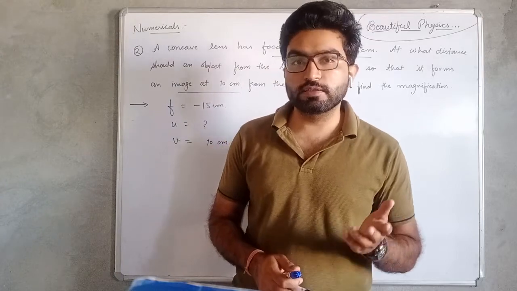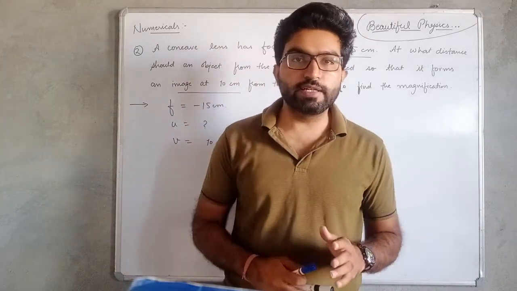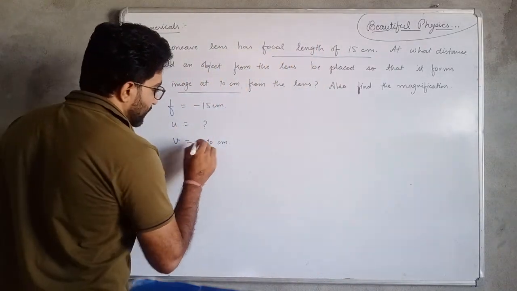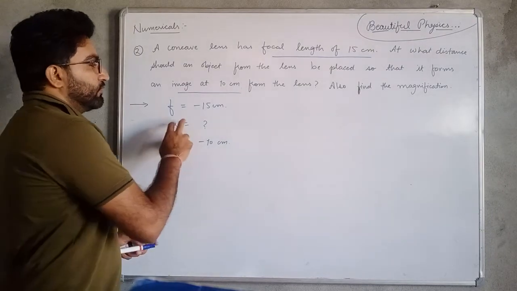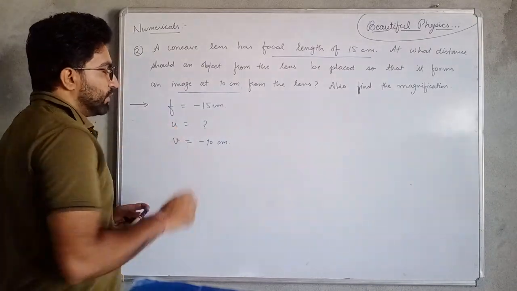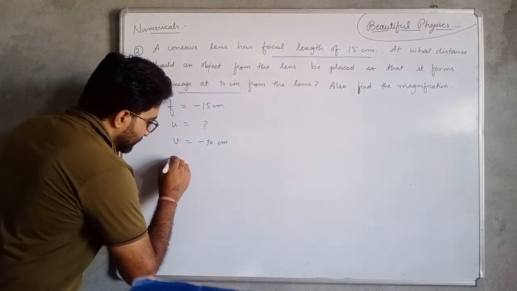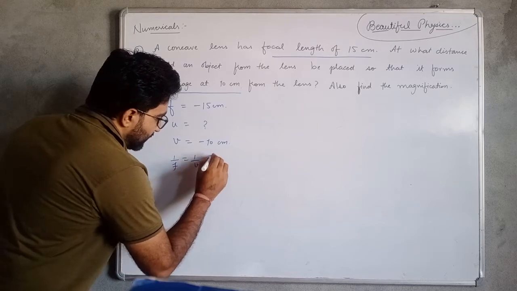The distances measured towards the left side of the lens are negative, so v will be negative here. Image distance will be negative, focal length is also negative, so we have to find the value of u from the lens formula. 1 by f is equal to 1 by v minus 1 by u.